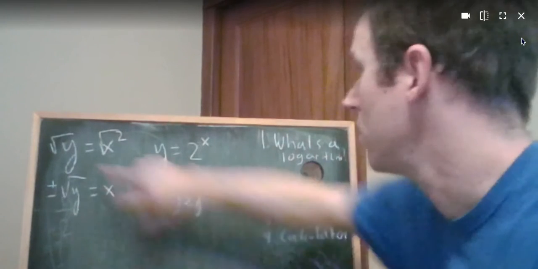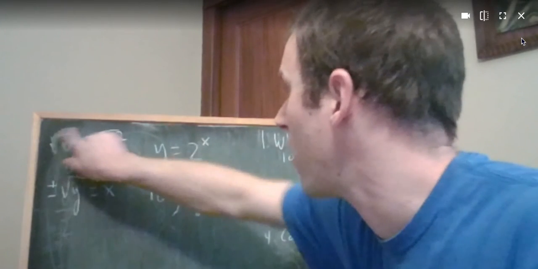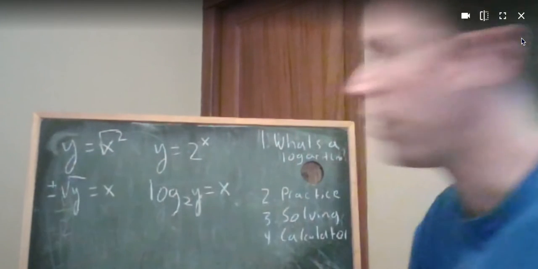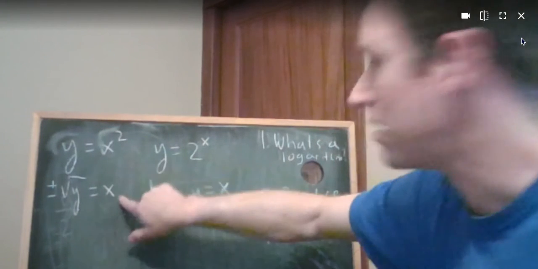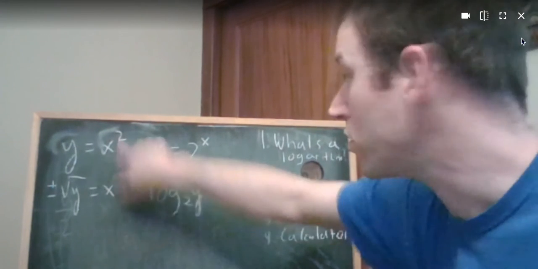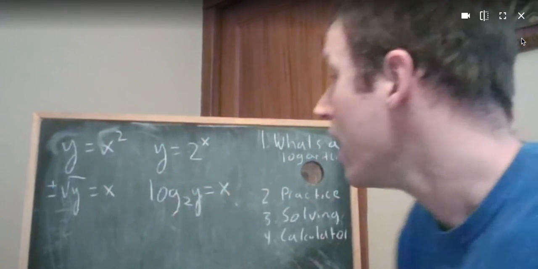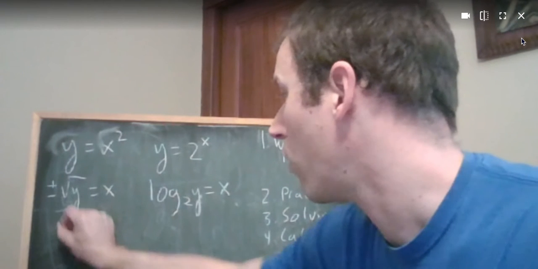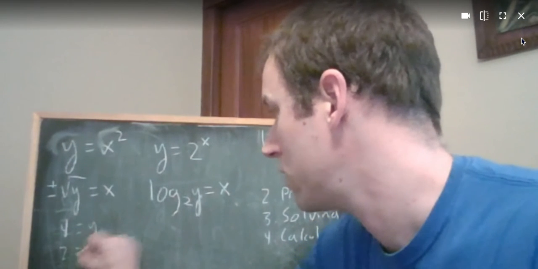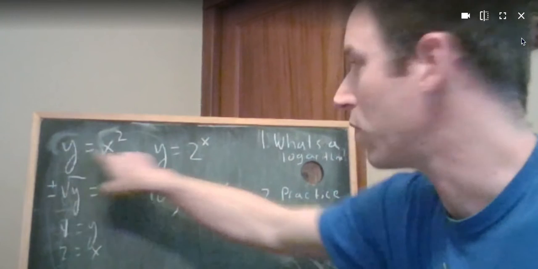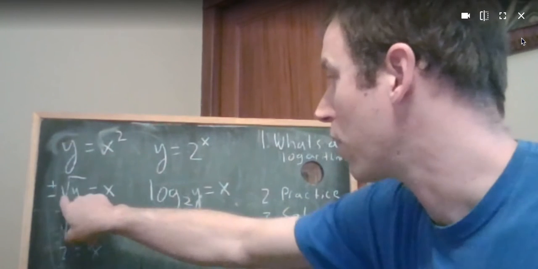So these two equations are equivalent in the same way that y equals x squared is the same as x equals root y. Those are the same equation expressed the same way. If y is 4 and x is 2, these both work. 4 equals 2 squared. The square root of 4 equals 2.